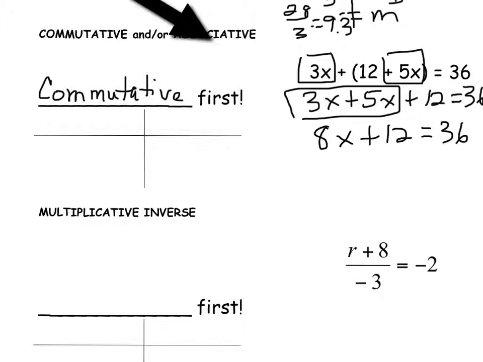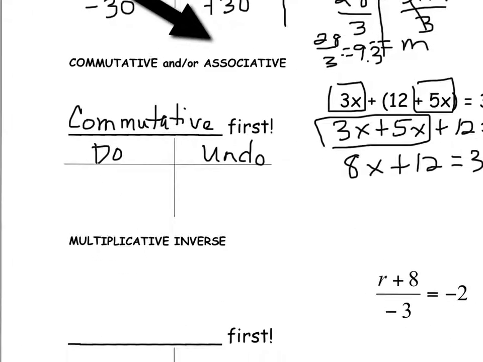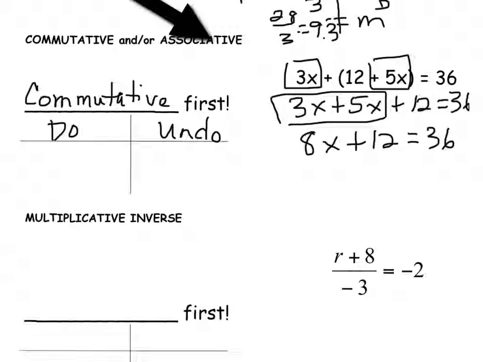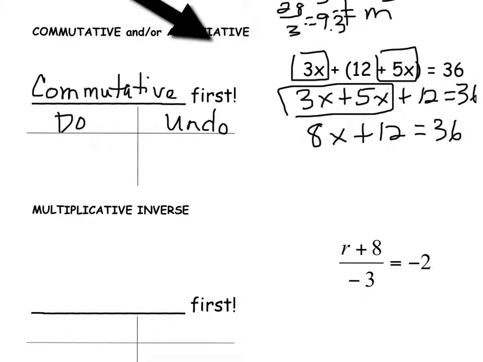Now I can go ahead and use my do-undo. So in the problem, I'm looking for x, and x is being multiplied by 8, and 12 is being added to that. So I need to subtract 12 and then divide by 8.